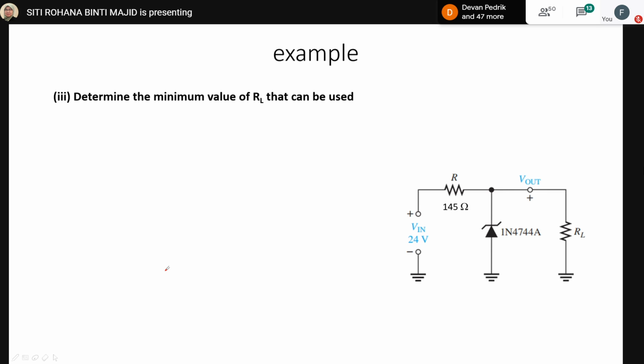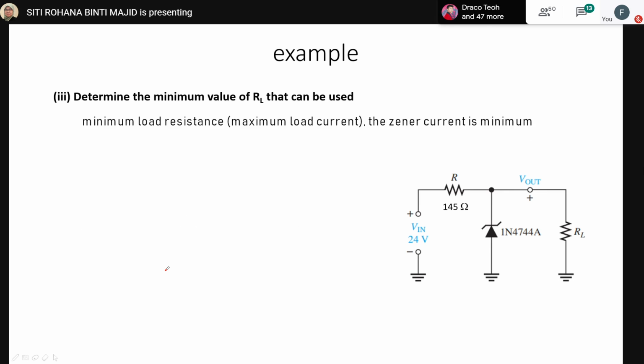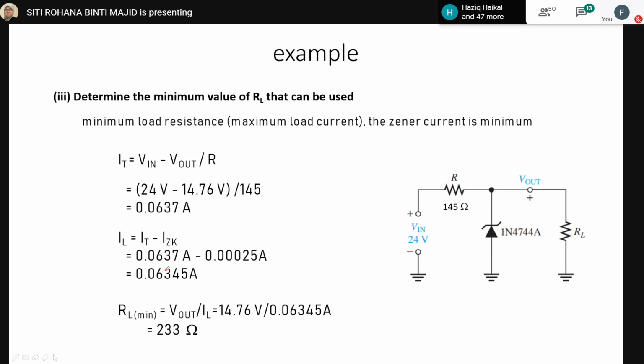Okay, so the next part, we want to determine the minimum value of R load. Just now without load, now with a load. This refers to minimum load resistance, which in other words means maximum load current and minimum Zener current. When the Zener current is minimum, we should know the total current in this circuit. Again, V in minus V out, that is the resultant voltage, over 145 ohms, which is included in the circuit.